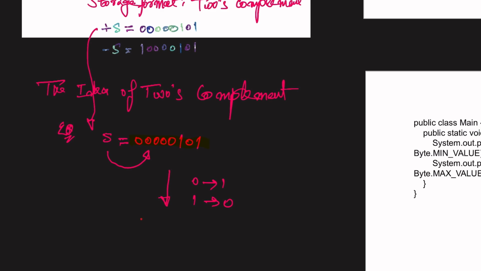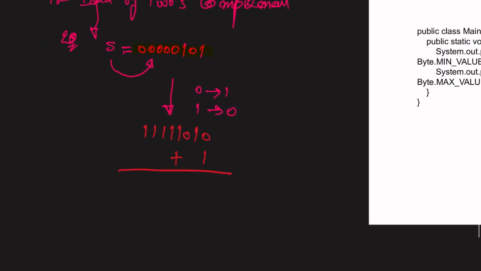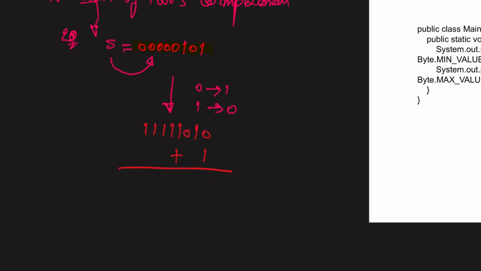It would be 11111010, and then we need to add 1 to the result. You will get 11111011. So -5 is stored as 11111011 in 8 bits.